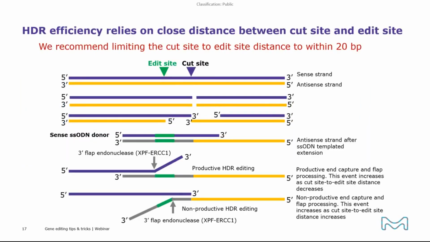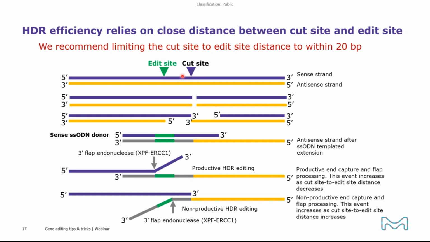As I have just pointed out, the distance from cut site to edit site is critical to editing efficiency. In general, we recommend keeping the distance to within 20 base pairs.